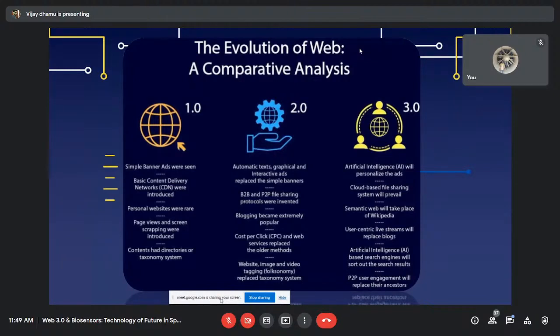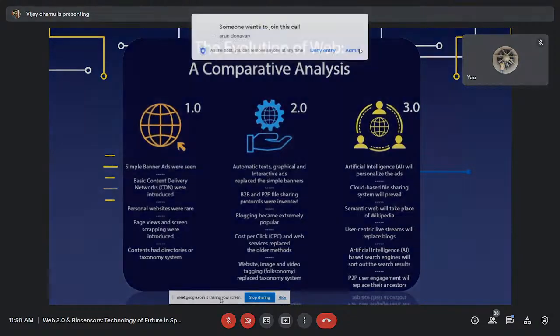Web 2.0 can be classified as Wikipedia, where there will be a lot of information. But Web 2.0 doesn't know whether this information is correct or wrong, or what it means. For example, if you ask your computer what is the cost of Jaguar, it doesn't know that we are talking about Jaguar the animal or Jaguar the car.